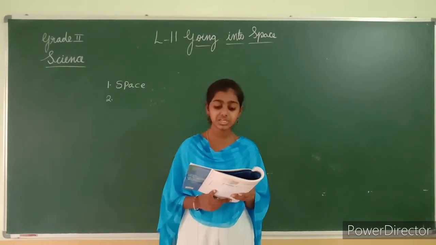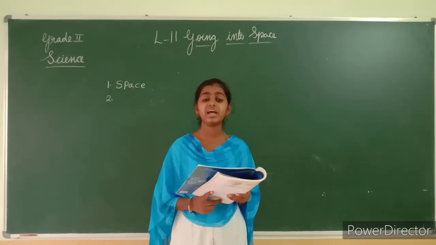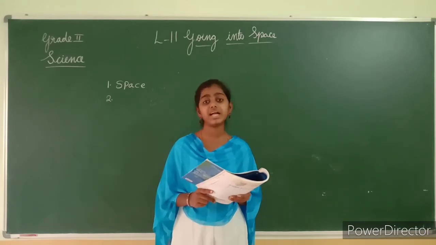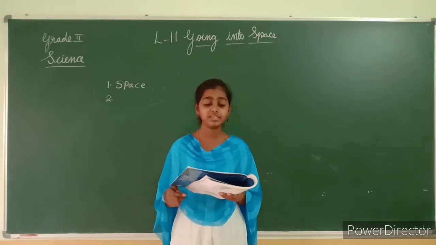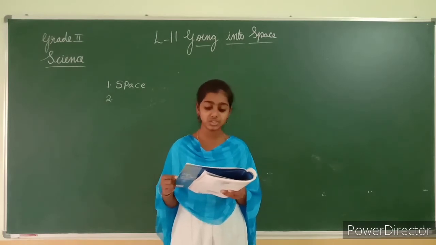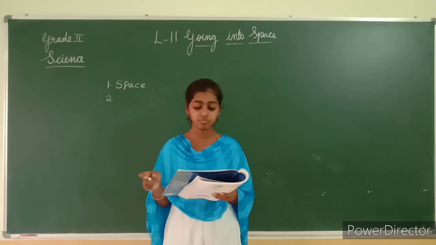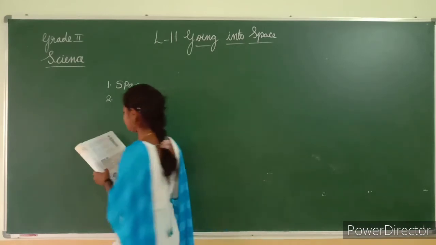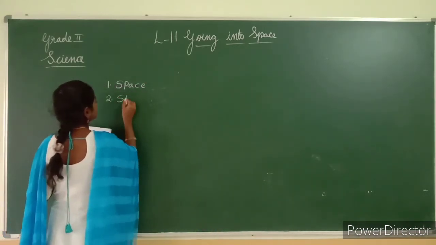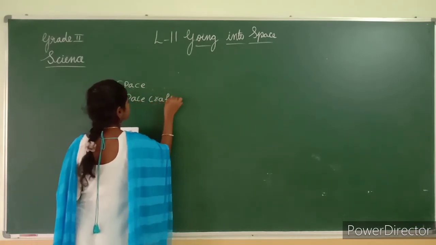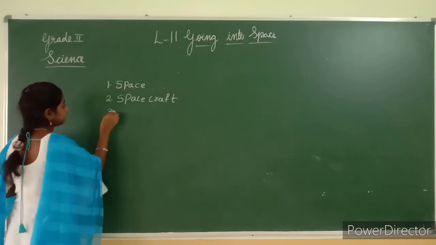A person who travels in space is called astronaut. Okay. When traveling in the space, an astronaut wears a special dress called space suit. Underline the word spacecraft. We can use spacecraft or rocket to travel into the space.